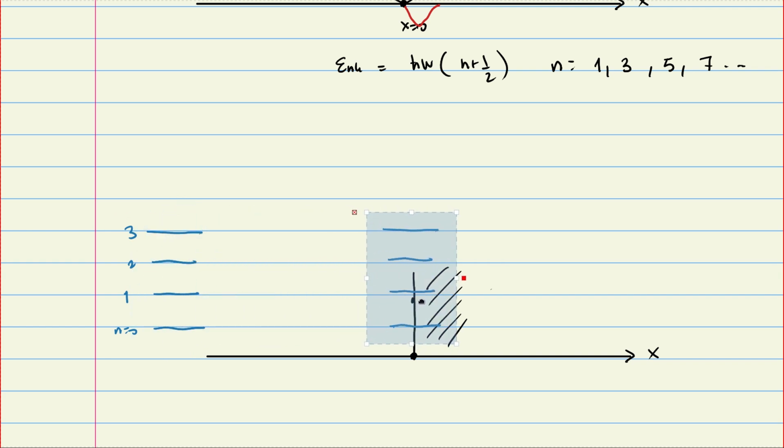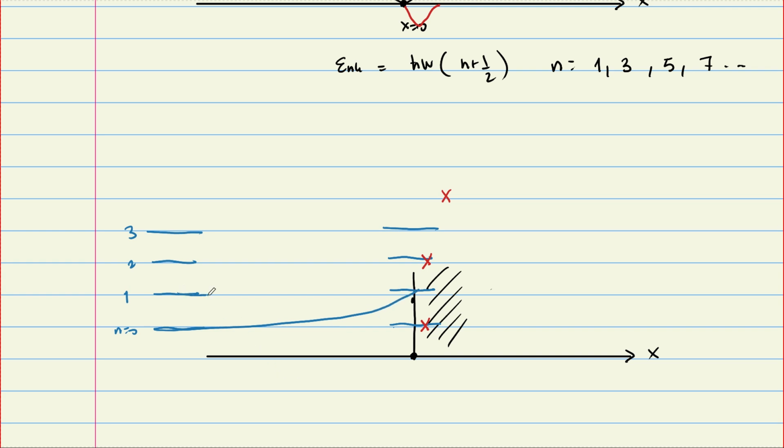So I have exactly the same states, but I need to give up on this because this is not odd. I need to give up on this because this is not odd. I need to give up on that, and so on. And as the guiding center approaches the wall, this state should continuously evolve to the state which is allowed. So it's going to do something like that.